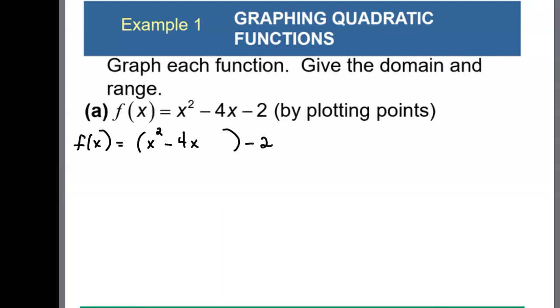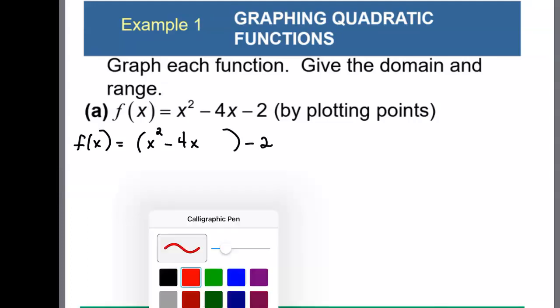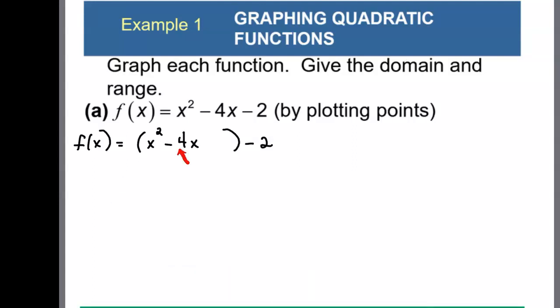To complete the square, we need to take half the coefficient of our linear term, right? Square it and add it inside. So we're going to take half of -4. We get -2. Then we're going to square that value to give 4. That is the value that we're going to add right here.